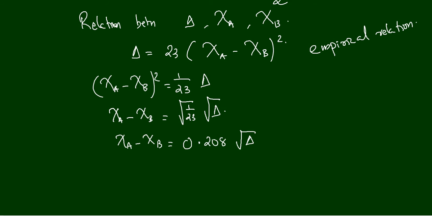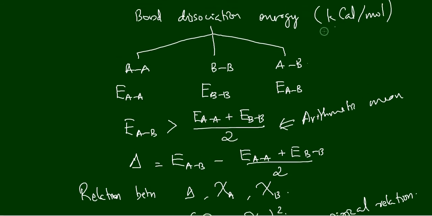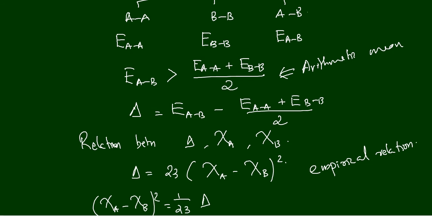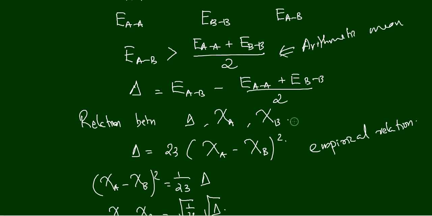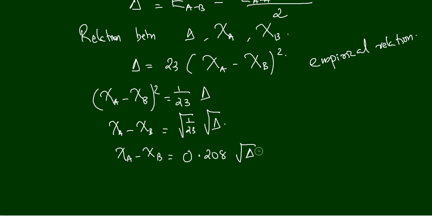What is delta? Delta is equal to EAB minus (EAA plus EBB) divided by 2, and keep it in mind that all these bond dissociation energies are stated in kilocalorie per mole. So if some problem is asked to you in the examination, and if you want to use this equation, you have to make sure that the bond dissociation energies that you are substituting should be in kilocalorie per mole.